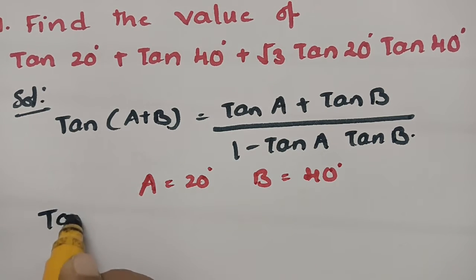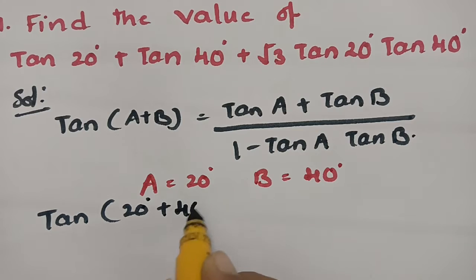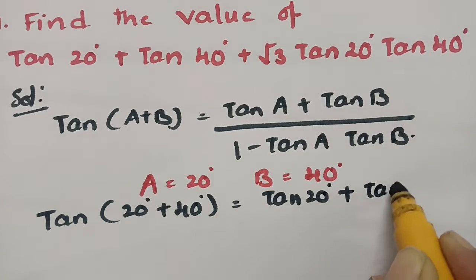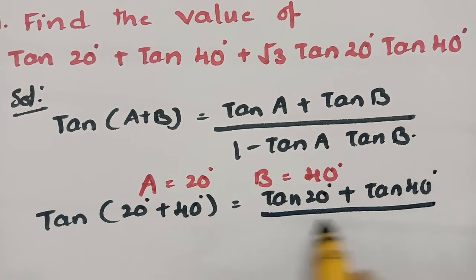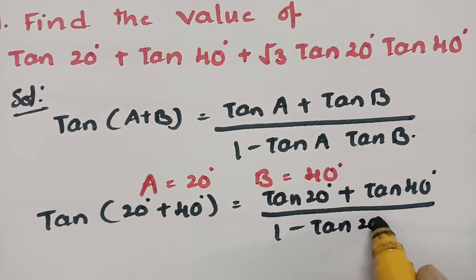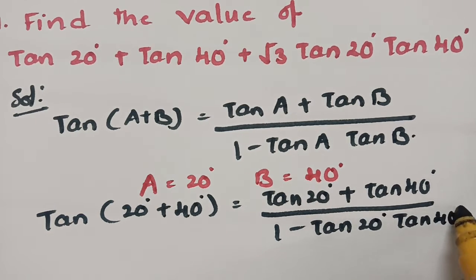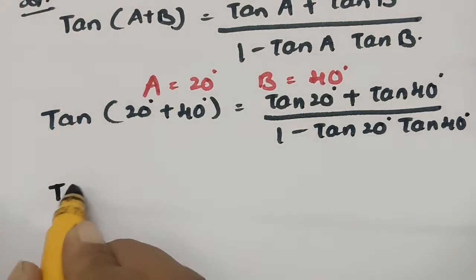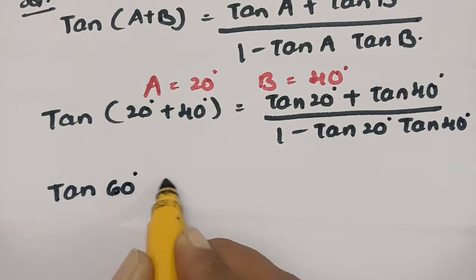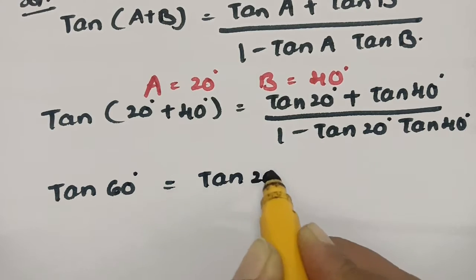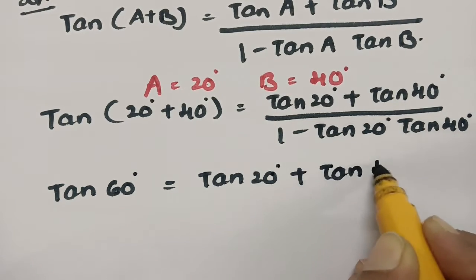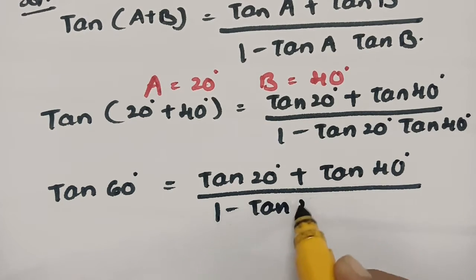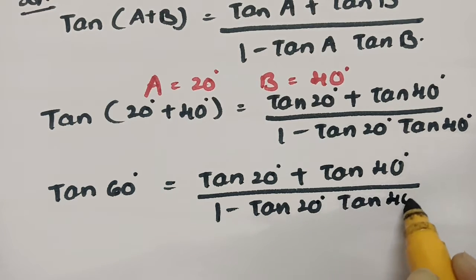So this will become tan of 20 degrees plus 40 degrees is equal to tan 20 degrees plus tan 40 degrees by 1 minus tan 20 degrees into tan 40 degrees. Clear? As you know that tan of 20 plus 40 is nothing but tan 60 degrees.